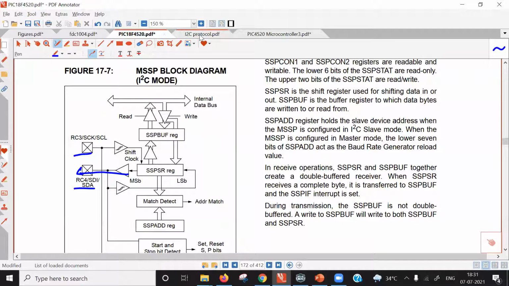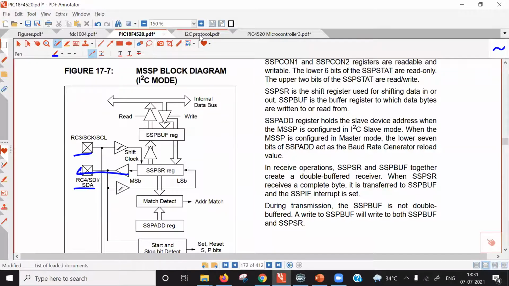The master must select only one slave device at a time, and there should not be multiple slave devices having the same slave address, otherwise that may again create problems. In this protocol, it is assumed that different slave devices have different slave addresses. Whether the master wants to write data to the slave device or read data from the slave device, the master must first of all transmit the address byte, and then subsequent operations can be done.